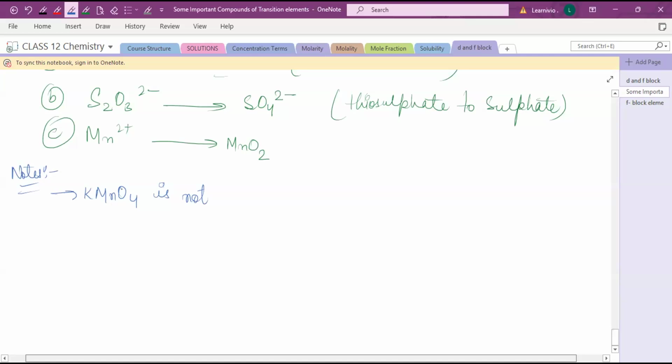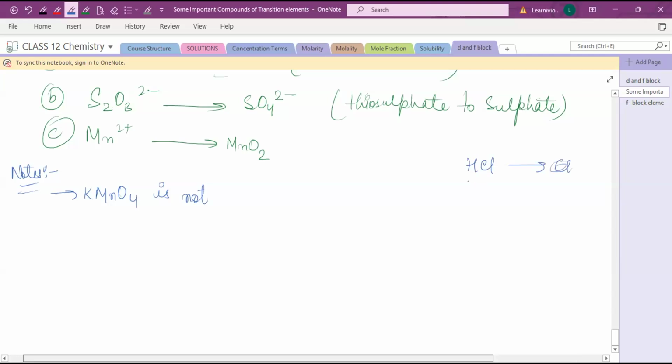With other acids you can use it, but why can't you use it with HCl? Because potassium permanganate will oxidize HCl to chlorine.